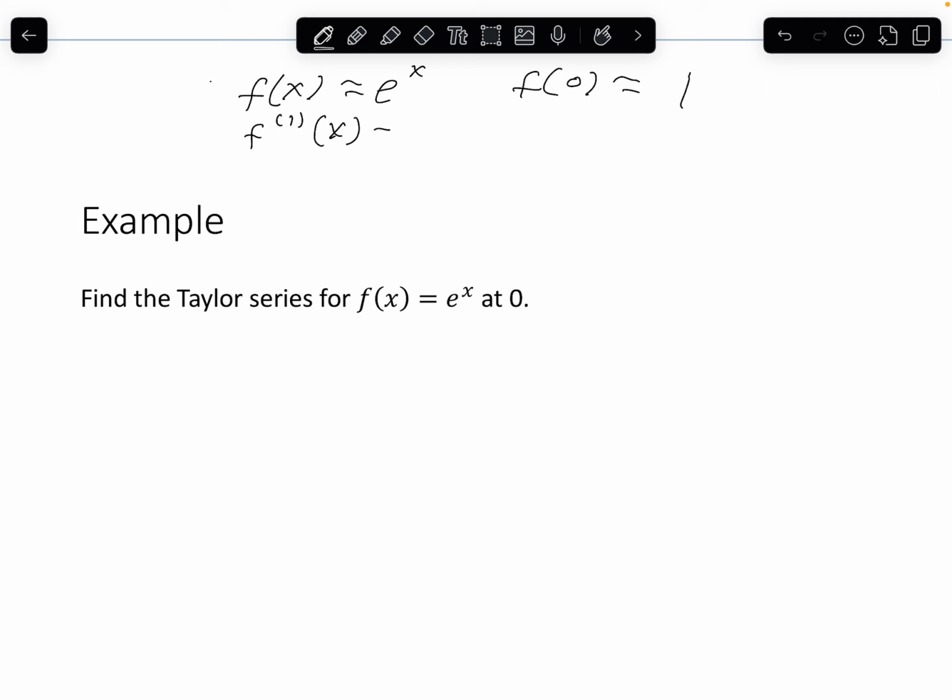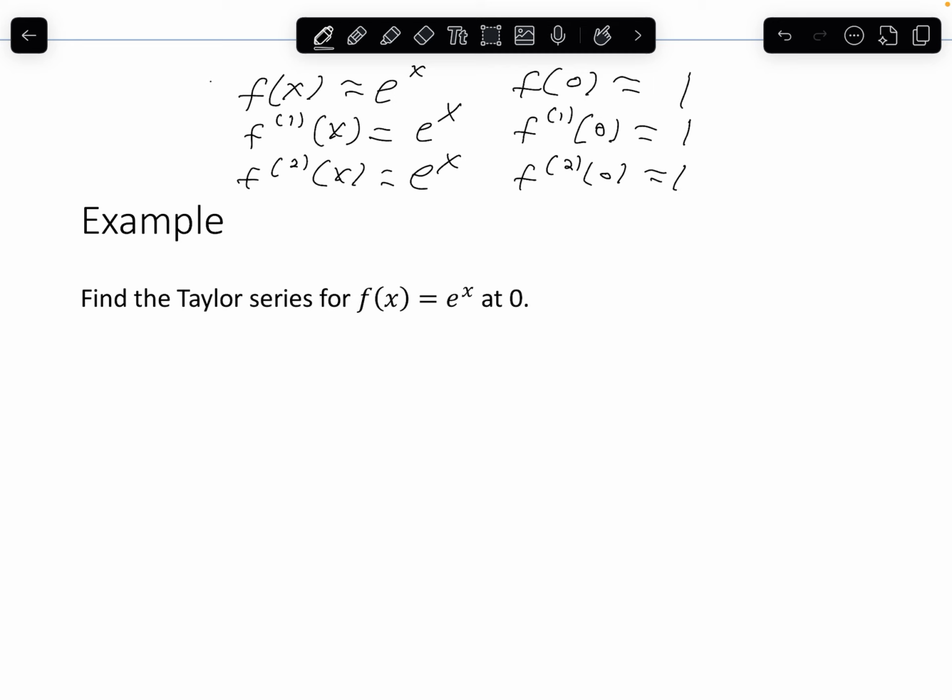If I took the first derivative of f of x, that is just, again, e to the x. And if we evaluate the first derivative of f at 0, that makes a value of 1. The second derivative is still e to the x, and evaluating that second derivative at 0, still 1.